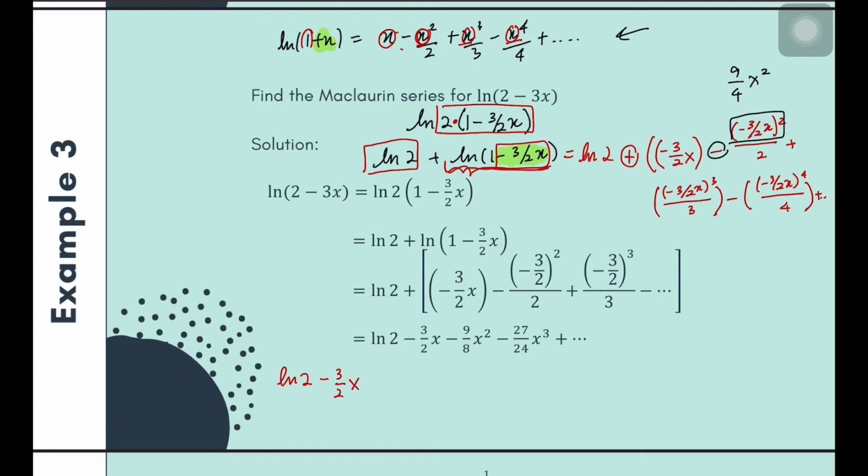So negative with positive will be negative 9/4 x² over 2. Plus, here negative to the power 3 is negative, so negative with positive is negative.